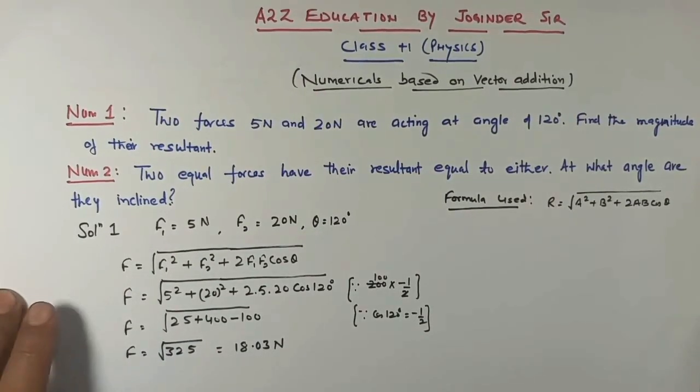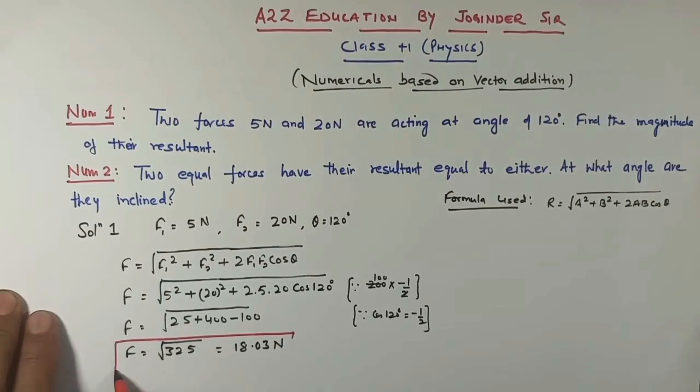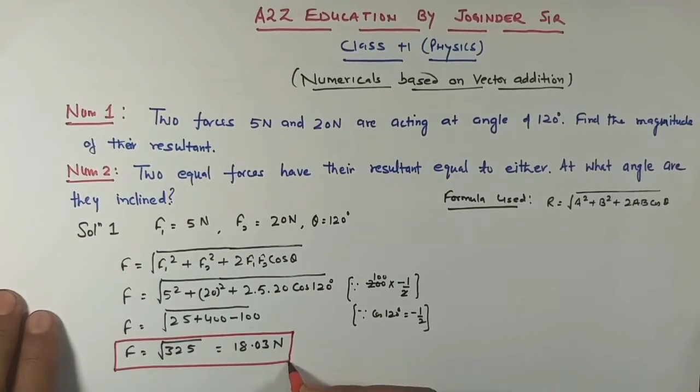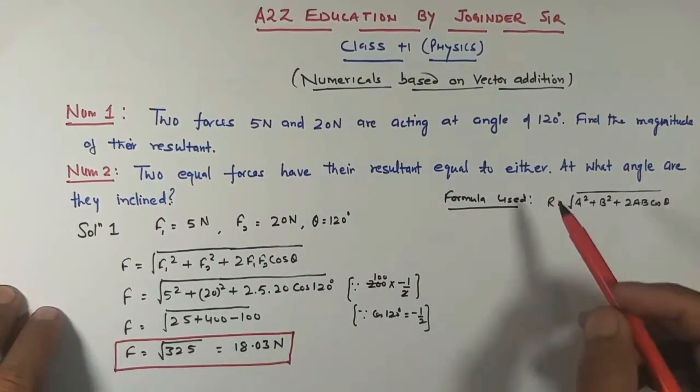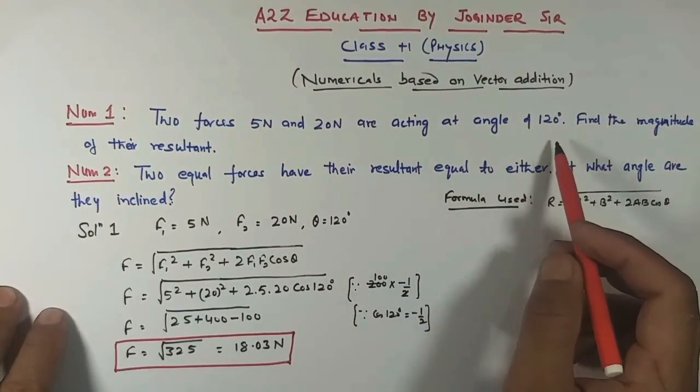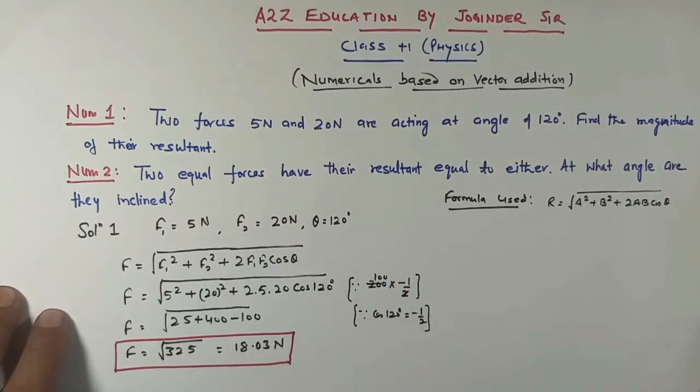So that is the resultant of these two forces that we had to find. So that is the required result. The resultant of these two forces, 5 Newton and 20 Newton, inclined at an angle of 120 degree, has a magnitude of 18.03 Newton.